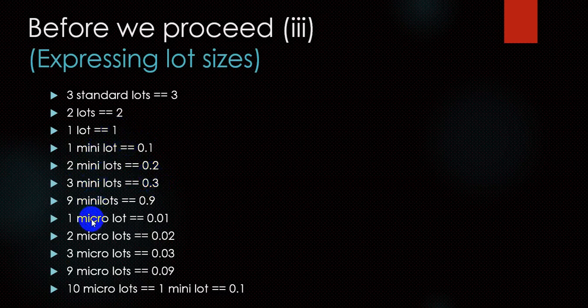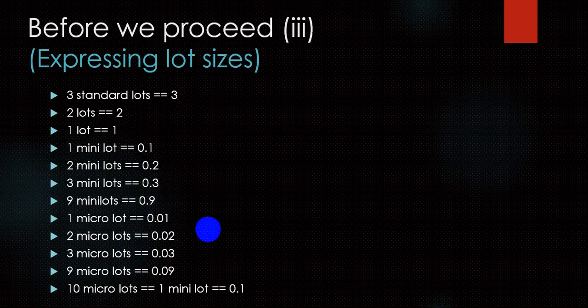Now 1 micro lot is 0.01 of a standard lot. It's expressed as a fraction of the standard lot. It is 0.01 of 1 standard lot because it is 0.1 of the mini lot, which is 0.1 of 1 standard lot. So that is something that you have to know.